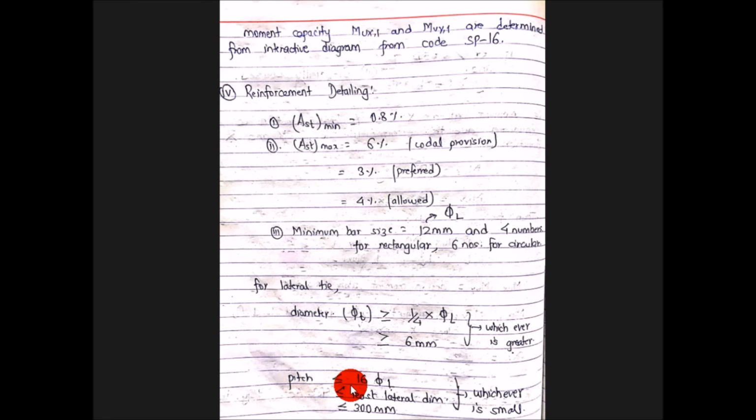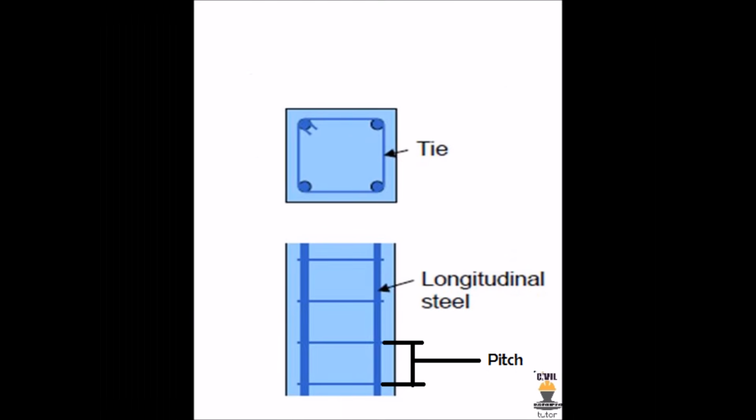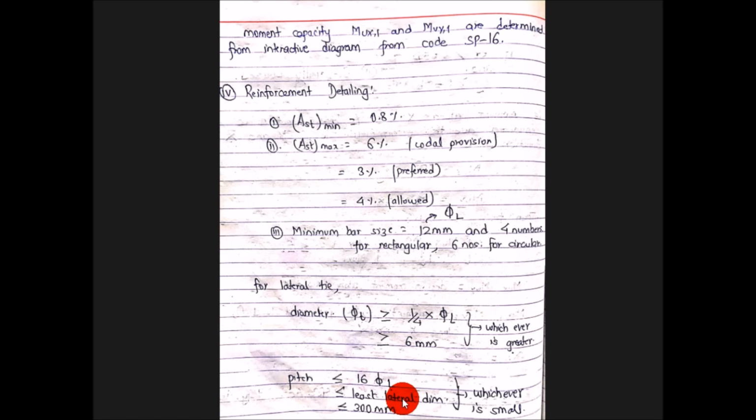And pitch. Pitch is the center to center distance of the lateral ties, as you can see here. Pitch should be taken as the least of 16 phi L, the least lateral dimension, or 300 mm, whichever is smaller. For the diameter case, whichever is greater is taken, and for the pitch, whichever is smaller. The closer the lateral ties are provided, the more resistant to shear failure.